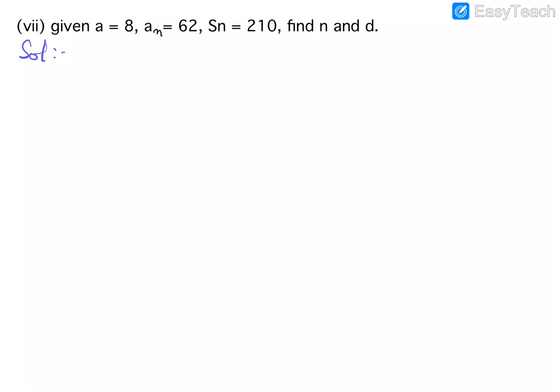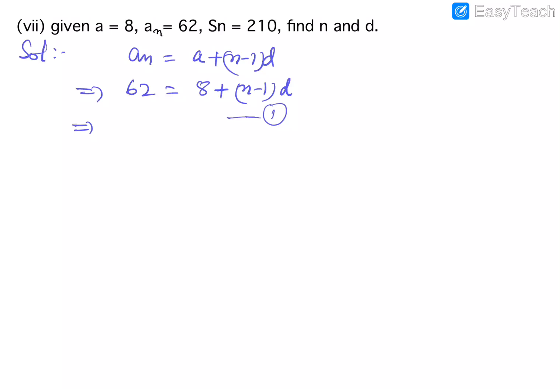Since An is 62 given and we know that An is given by a plus n minus 1 into d, so this gives 62, a is 8, n is to be found out and d is also to be found out. So here we have this as an equation.